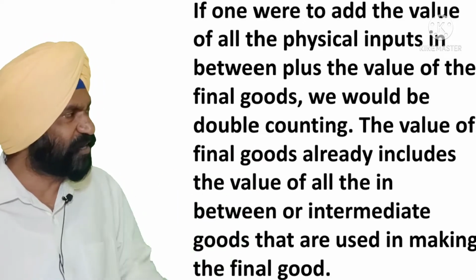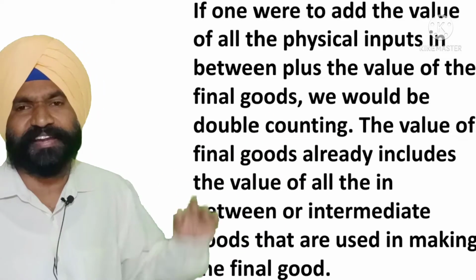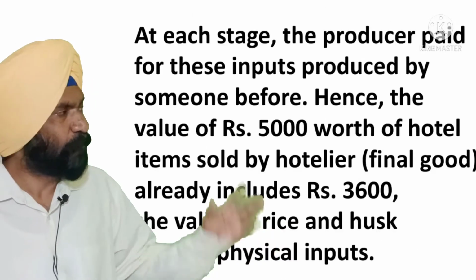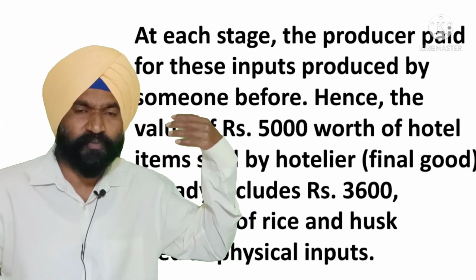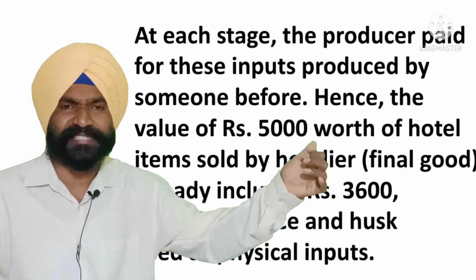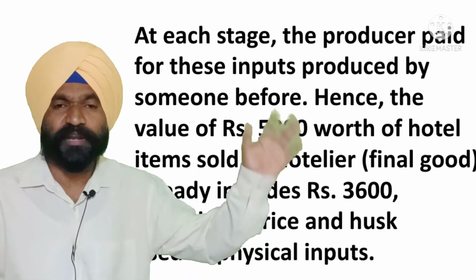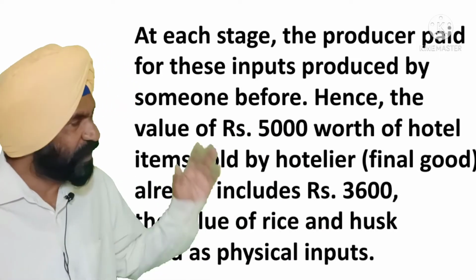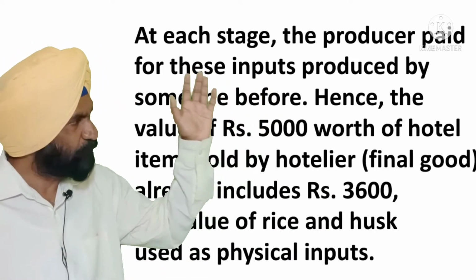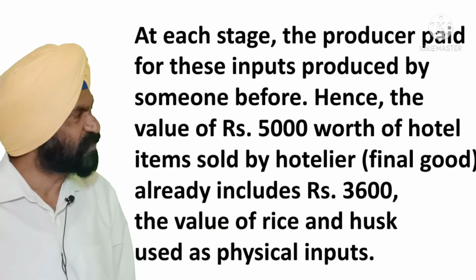Now what is the final good here? Idli and dosha are the final good here. Rice, paddy and husk are the intermediate goods. So the value of the rice, paddy and husk is already paid. It should not be included again in the final value of the goods. At each stage the producer paid for these inputs produced by someone before.